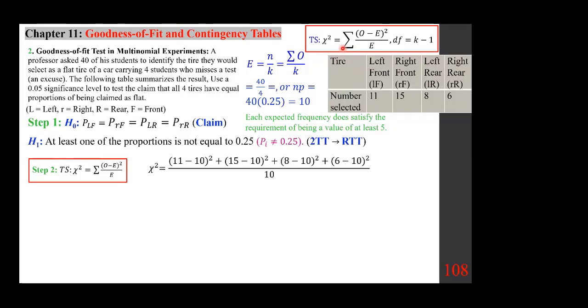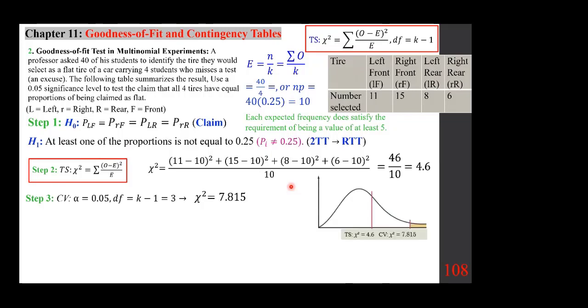And since there are 4 categories, it's really not too bad, resulting in 4.6. As for the critical value, it was already done in the previous example, the same thing, 7.815. Let's look at the graph. Clearly, 4.6 is less than the critical value, way into the non-rejection.